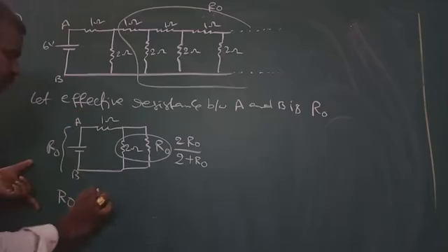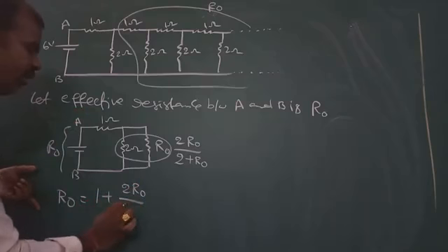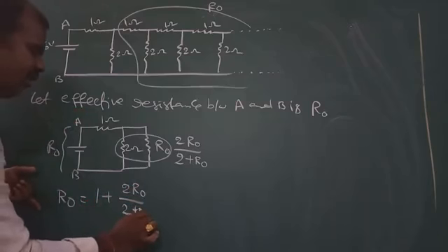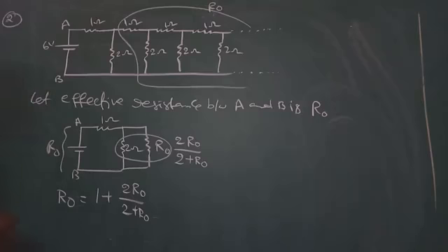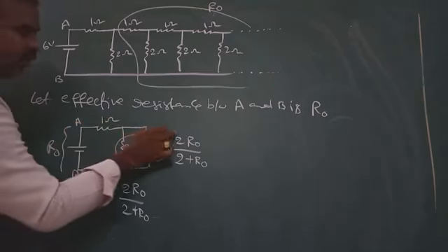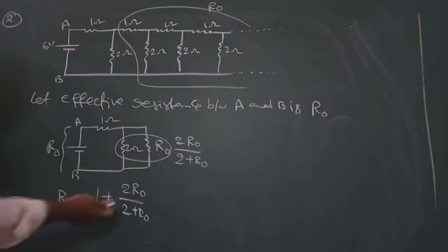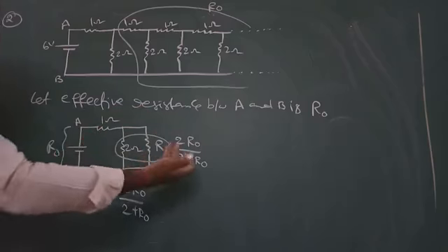R0 is equal to 1 plus 2R0 by 2 plus R0, because this 1 ohm and 2R0 by 2 plus R0 are connected in series, and series means R1 plus R2.